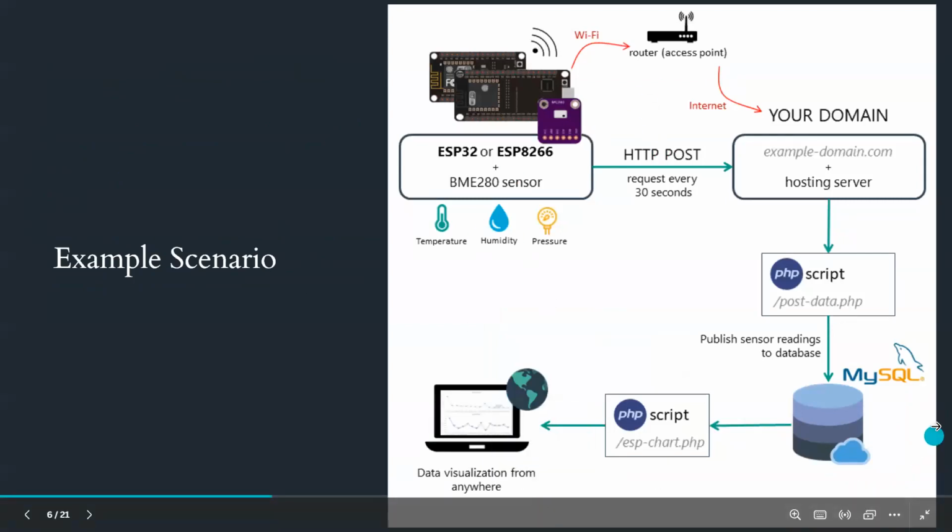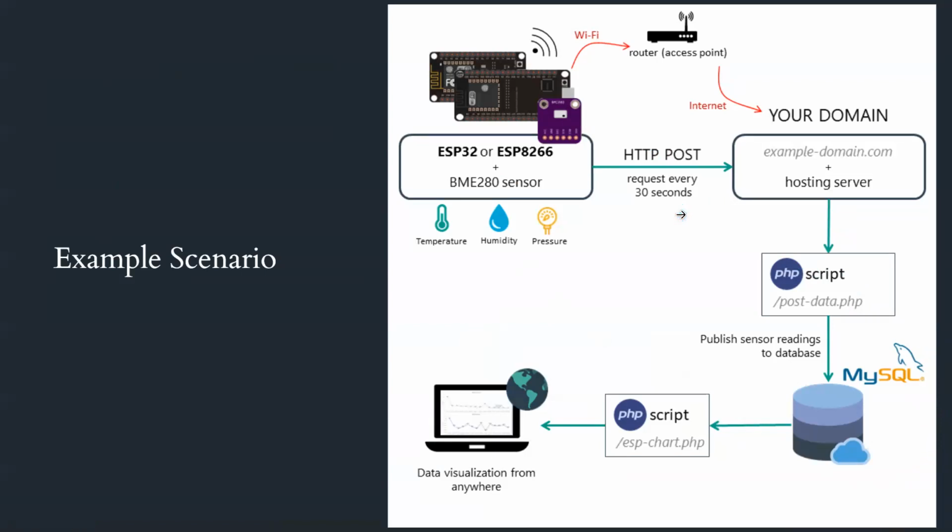When we talk about IoT protocols, if we can connect our sensor-based embedded systems directly to the internet via a Wi-Fi access point, then we can access a certain domain using the HTTP protocol.